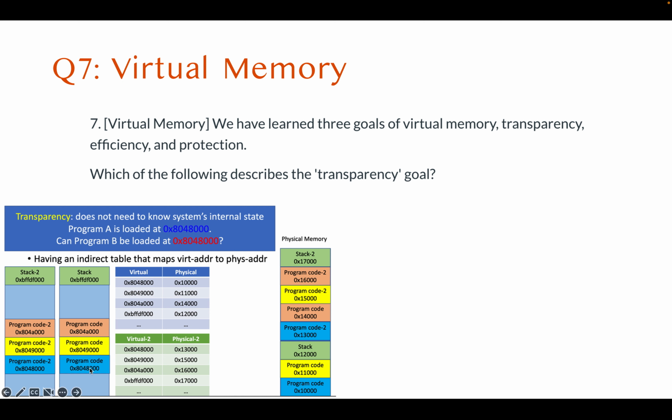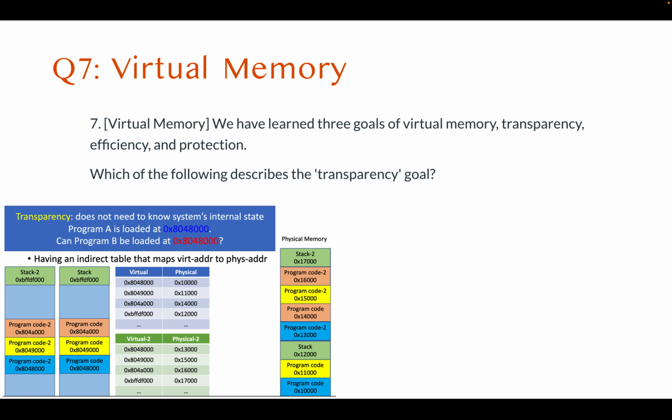But with only physical memory, if one program took this address, then the second program cannot take the same address, because physical memory is a limited resource and cannot be shared like that.